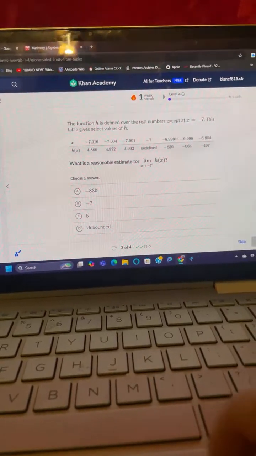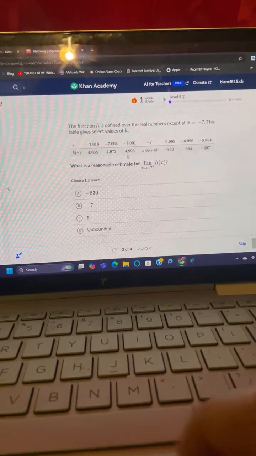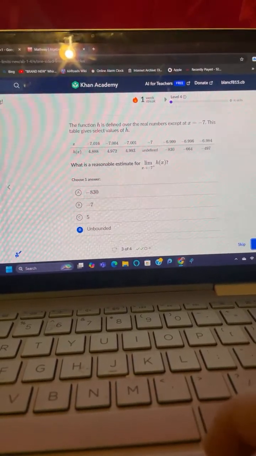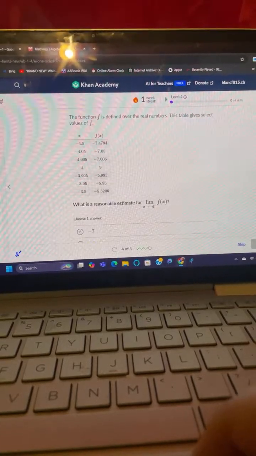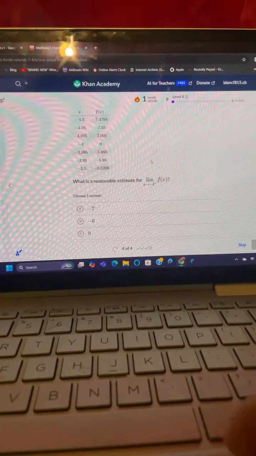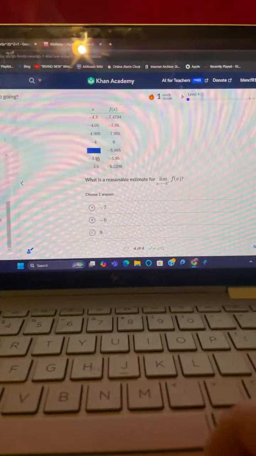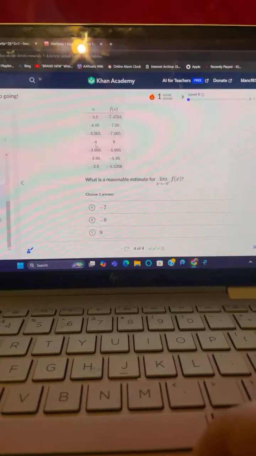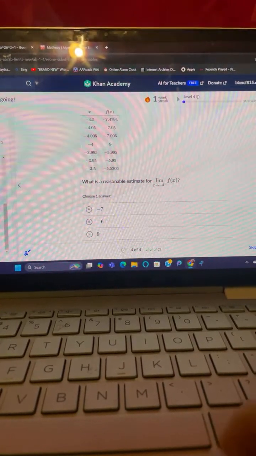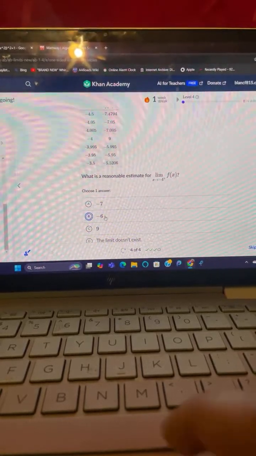Okay, it doesn't look like it's bounded. Okay, then for -4 on the right side, the positive side. This is what we're looking for. So it looks like it approaches 6, -6.